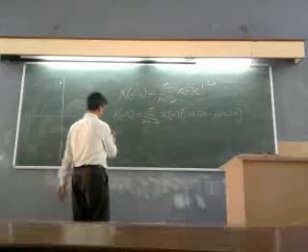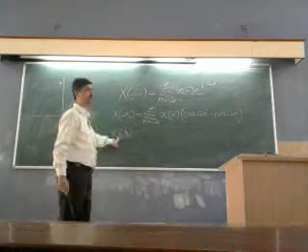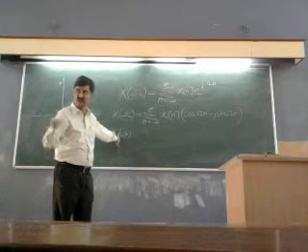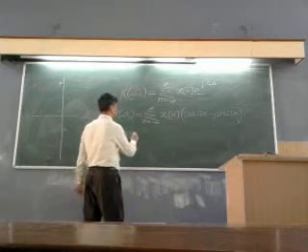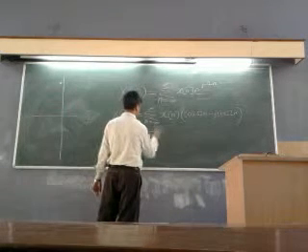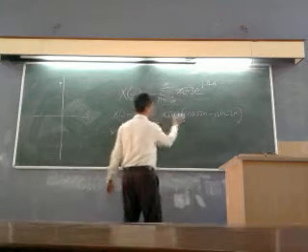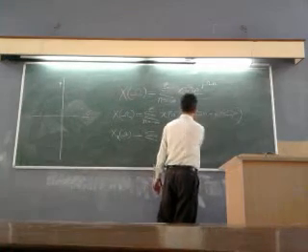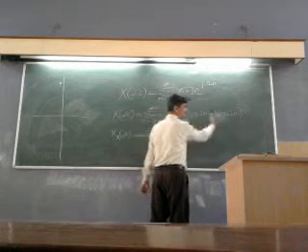I am just using the real and imaginary parts to keep their identity, otherwise there is no significance. So X R of omega is the real part and the imaginary part is minus j x n sin omega n.